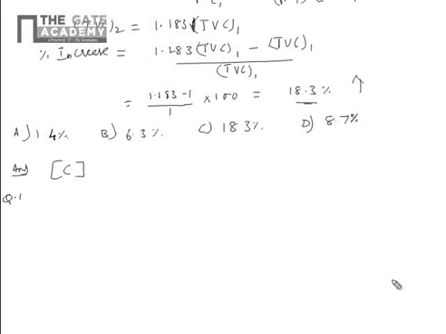So question number 15, page number 45, ME 2002. An item can be purchased for 100 rupees, so price of an item is 100.